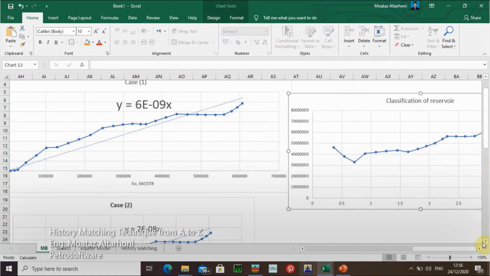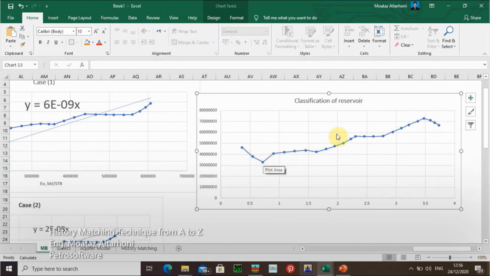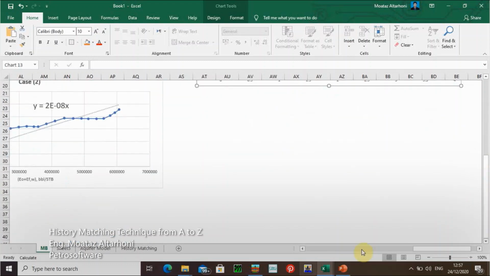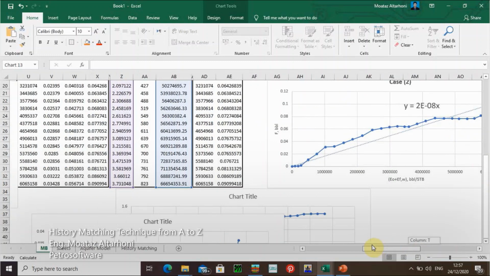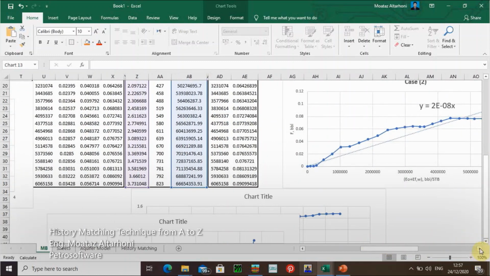Here, in the classification of this plot, I diagnosed this as case B. Maybe I am not sure about this decrease. That may be an indication that the water influx acts as finite acting, but the Campbell plot gives us a good decision about that.